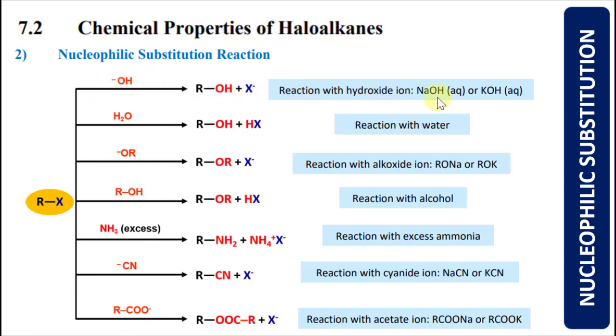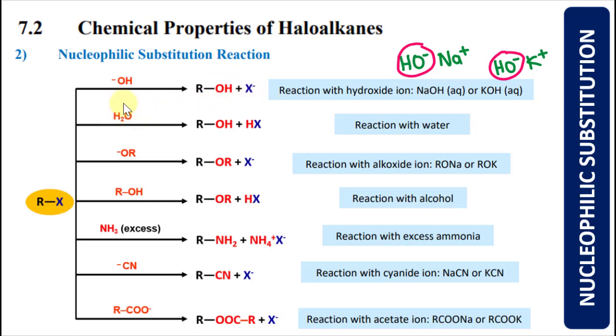For the reaction with hydroxide ion, the hydroxide ion comes from the sodium hydroxide aqueous solution, where in the sodium hydroxide we have the hydroxide ion and sodium plus ion, or in the potassium hydroxide, same here we have the hydroxide ion and the potassium ion. In this case, our nucleophile is the hydroxide ion, where the hydroxide ion will replace the halogen atom in our haloalkanes and it will become an alcohol. The halogen will become the halide ion as a leaving group.